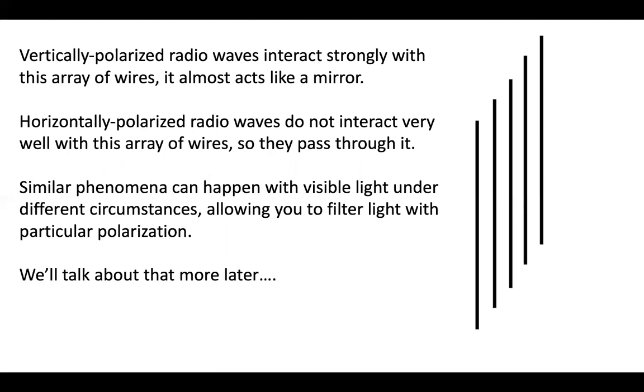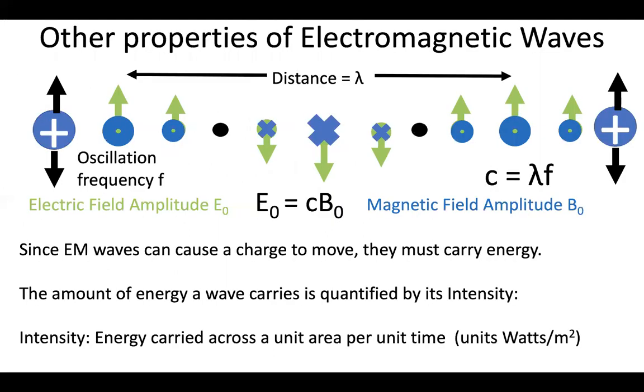When you have light bouncing off other objects, it can affect its polarization state. And again, this is something we'll talk a little bit about in the rest of this section. Moving on, but for now, what I want to focus on here is a more basic property, which is the intensity of this radiation.